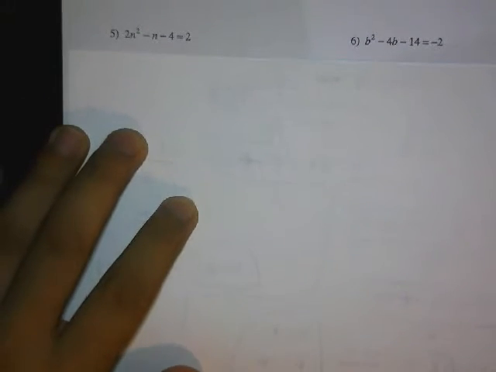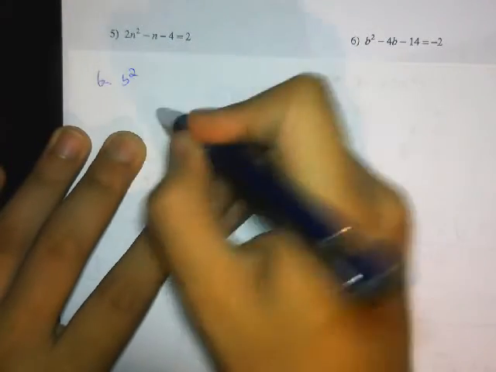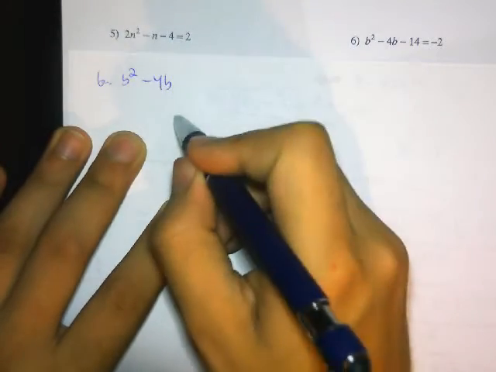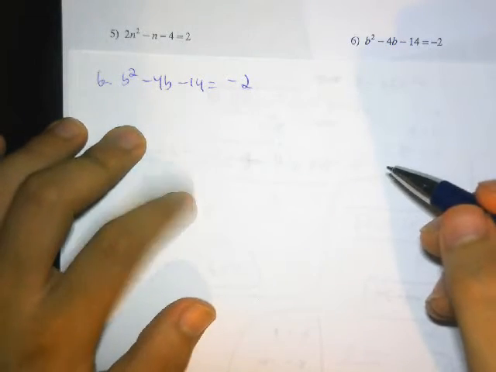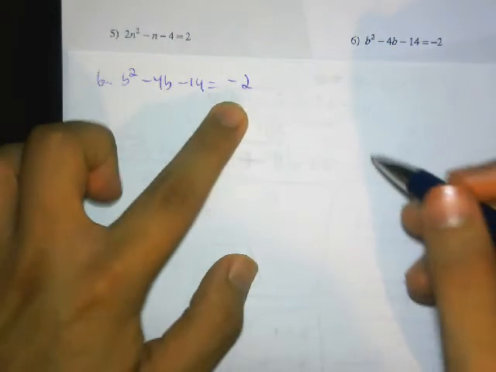Alright, let's keep going. Number 6. Number 6 says b squared minus 4b minus 14 equals negative 2. Alright, same concept here. It does not equal 0.